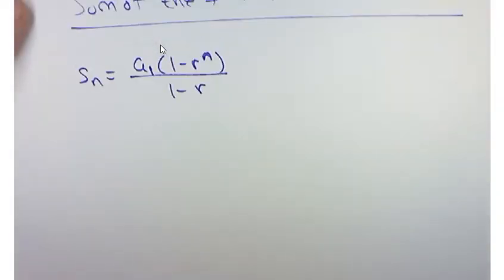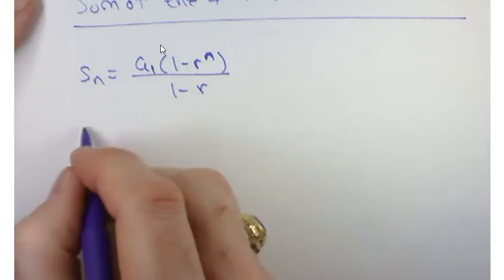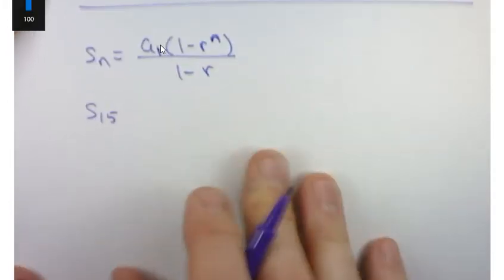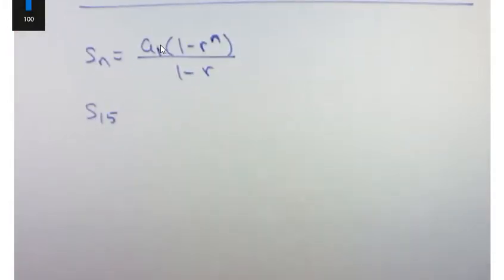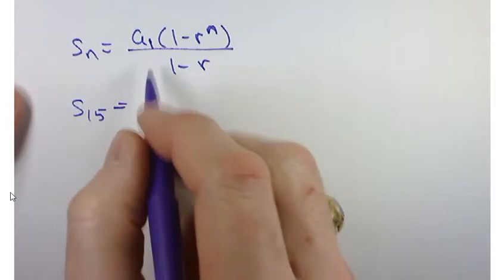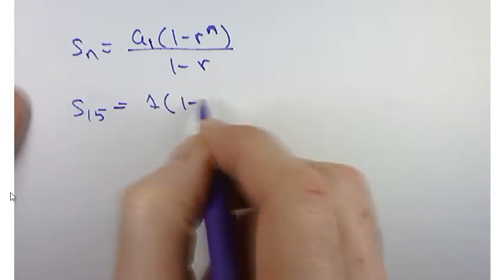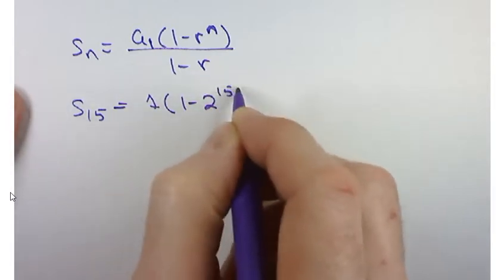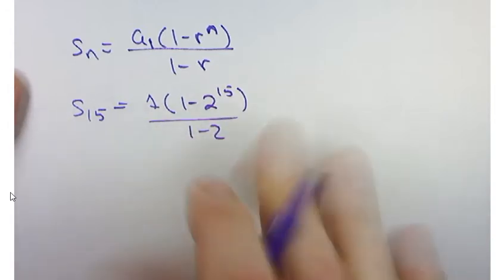Okay, so we can do that. So basically what I want to find is s sub 15. And s sub 15 is going to be a sub 1, which was 1, times 1 minus 2 to the 15th power divided by 1 minus 2.